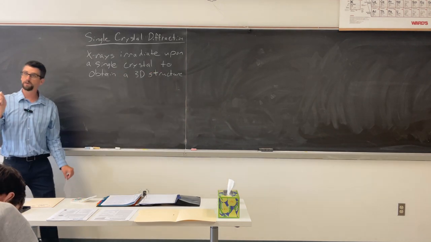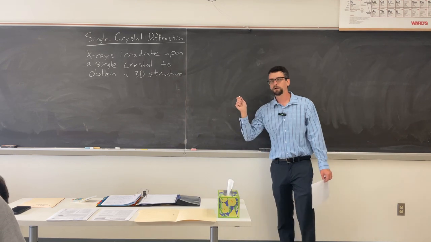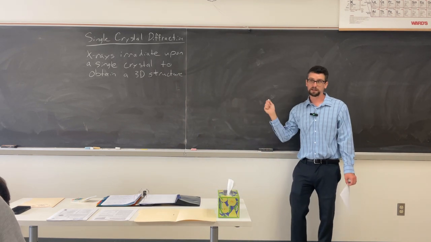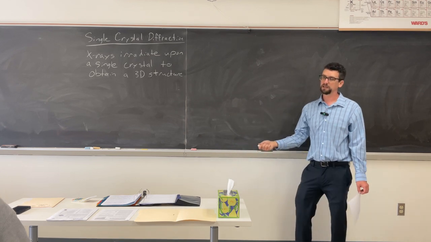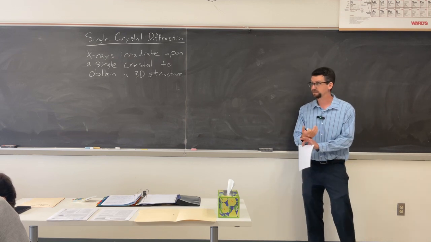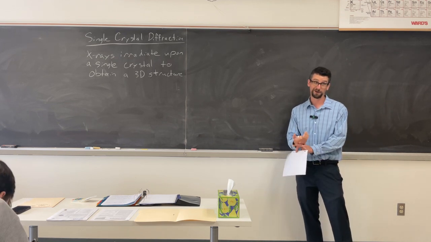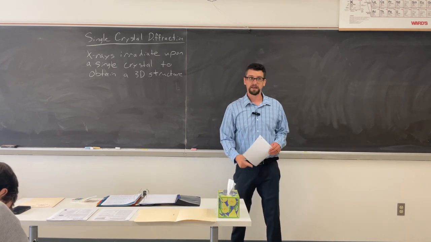This is considered the gold standard of structure determination. There is not another technique. Like, you can use NMR, and NMR is great because you can have liquids, you can look at it that way. You don't have to have a single crystal, which is really hard to grow in some cases. This gets you the end.